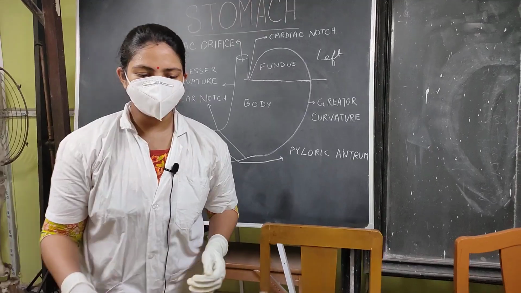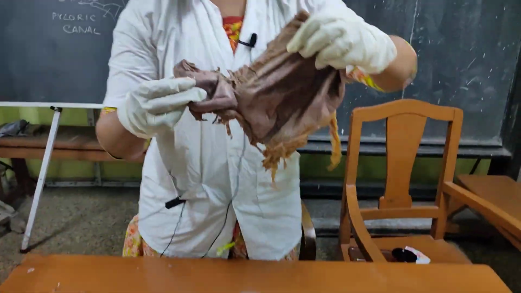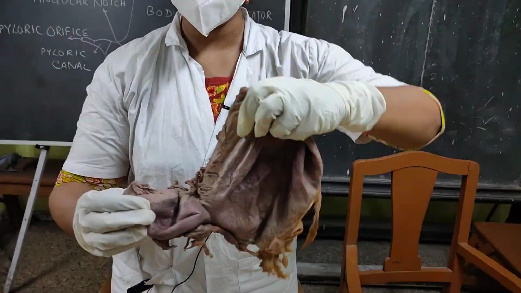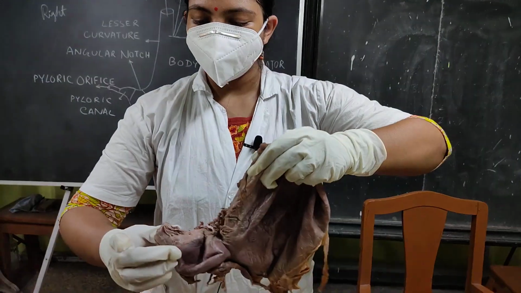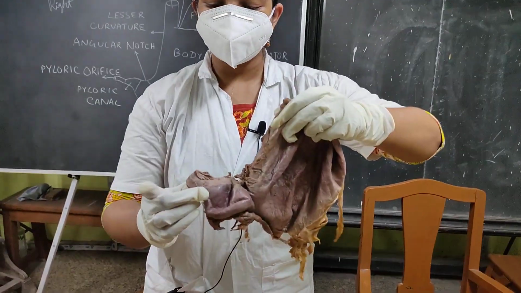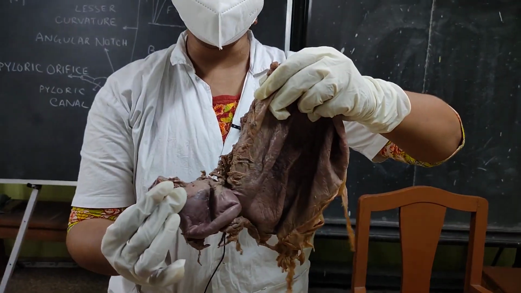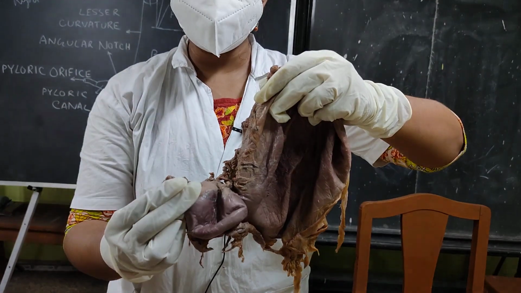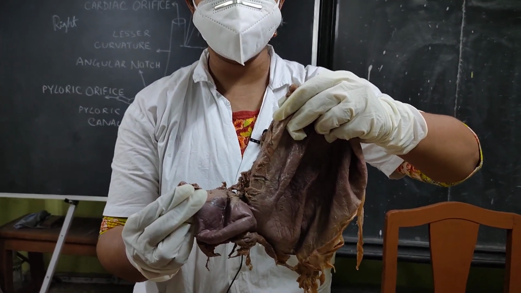Now let us look at the viscera. This is the viscera of the stomach. This is the pyloric end and this is the cardiac end. Now, how to know which one is the pyloric end? First, by palpation, if we just touch it, we will feel the pyloric end wall is much thicker than the cardiac end.